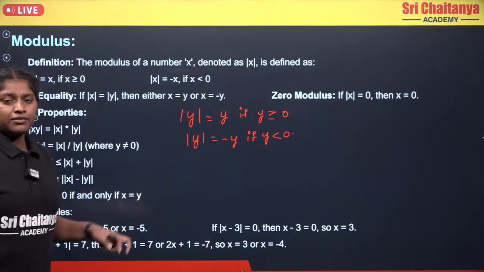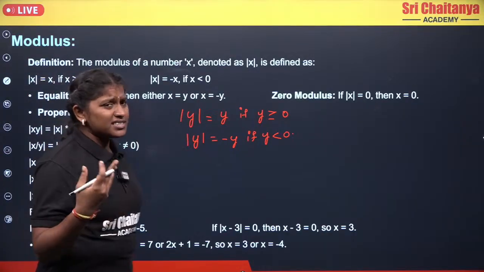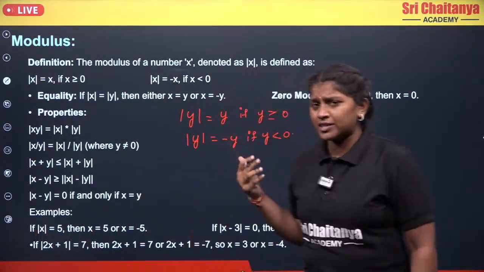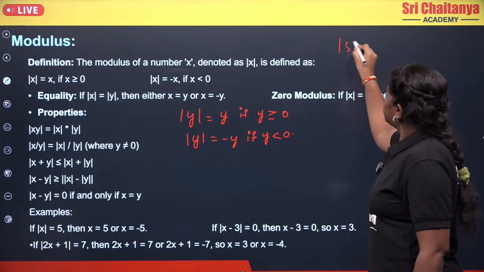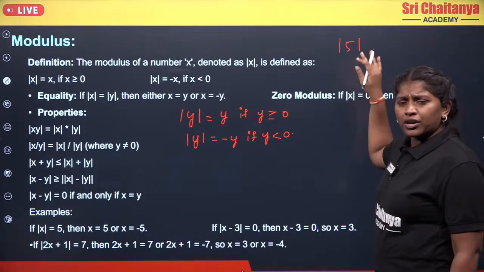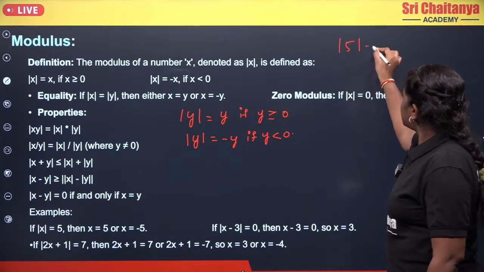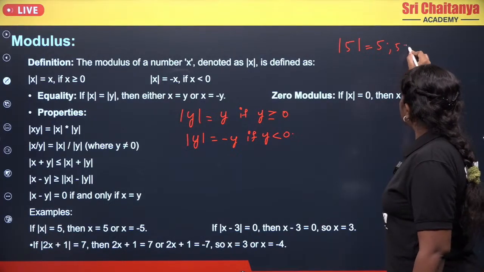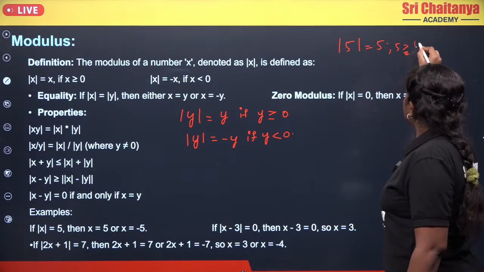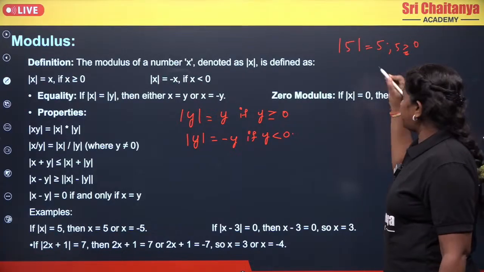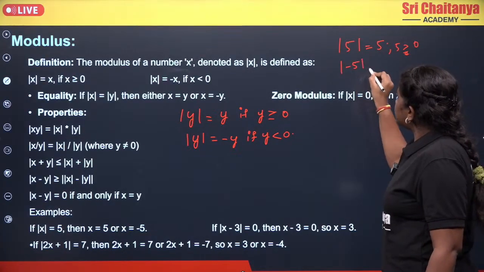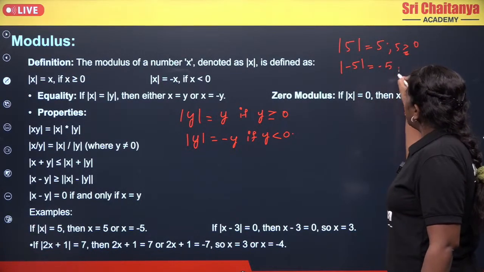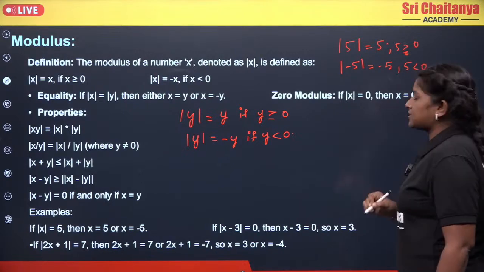Simply, if in some equations or expressions they give mod 5, how can we take mod 5? Mod 5 will be considered as 5. Why? Because 5 is greater than 0. In the same way, mod minus 5 will become 5, because minus 5 is less than 0.